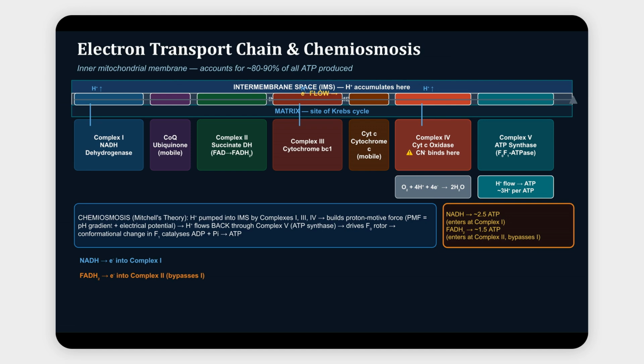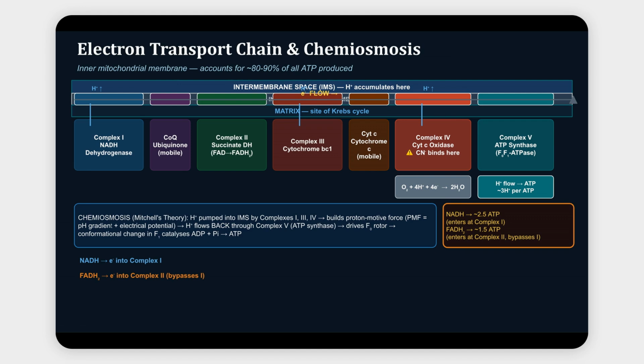This is why we breathe oxygen, not to burn fuel directly, but to accept electrons at the end of that chain. 2 more protons are pumped into the intermembranous space.